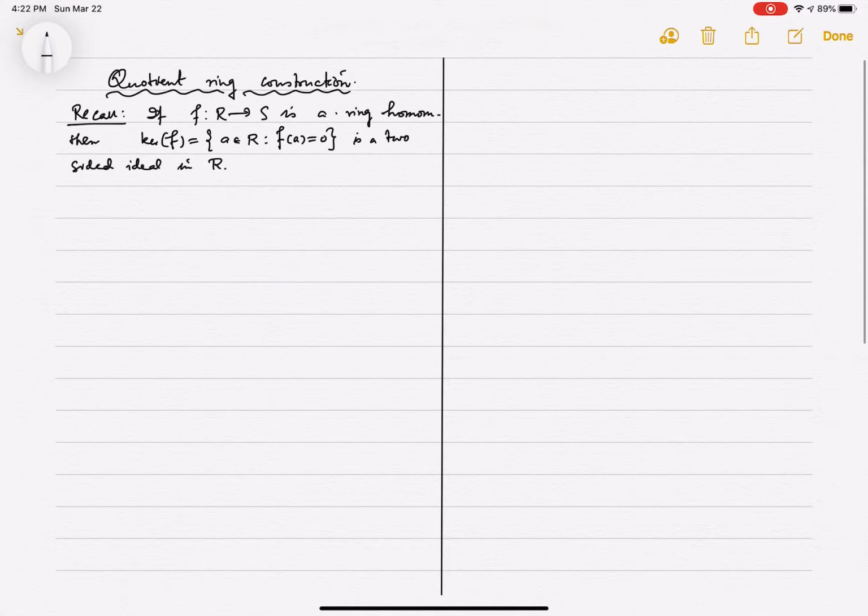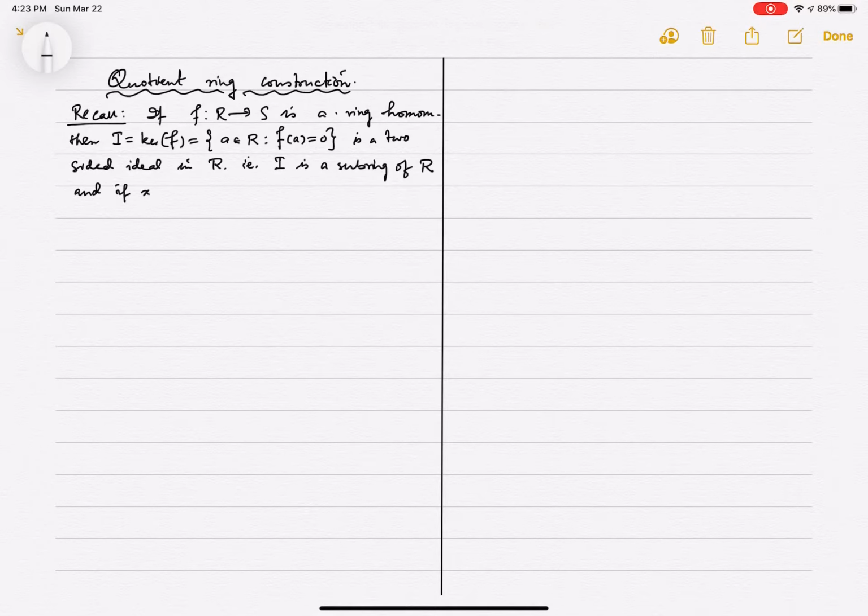So this means, if we call this thing I, i.e. I is a subring of R, and furthermore, it has a stronger closure property.